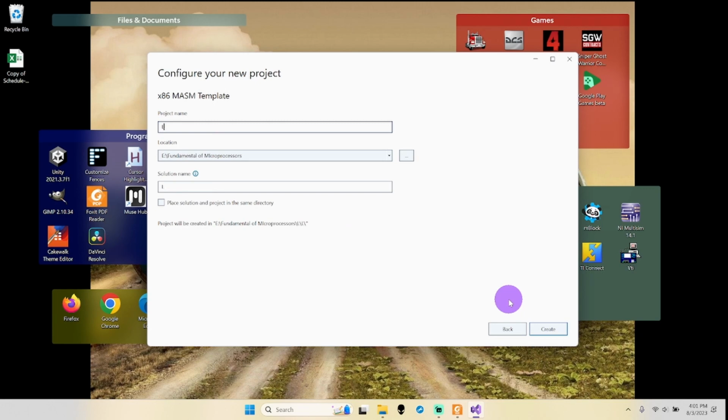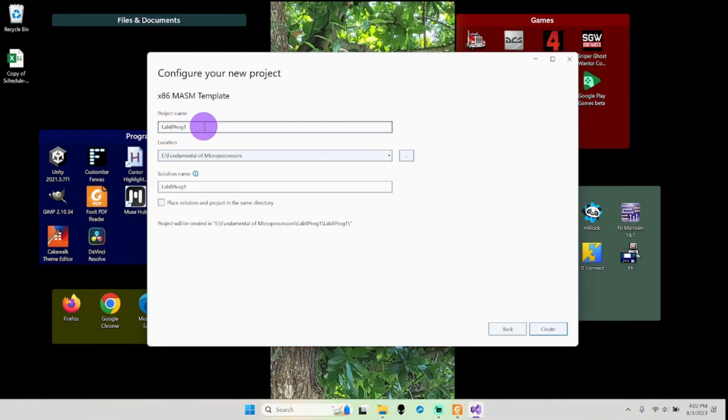So we'll do lab 8, program 1. Leave this unchecked. Keep this your default location, whichever you had the other programs in. Again, try to keep the name short and try to avoid spaces so you won't have any problems. Hit create.